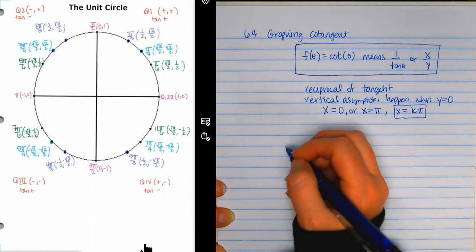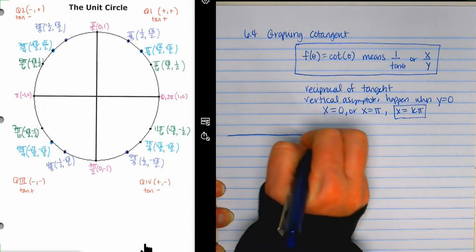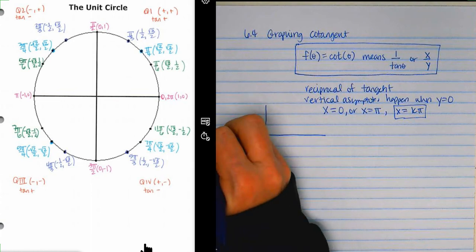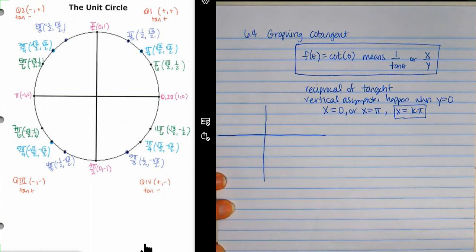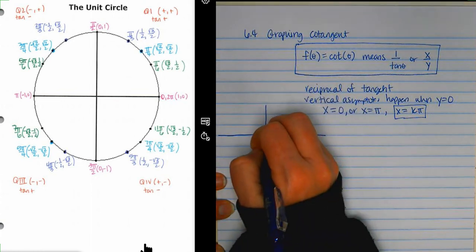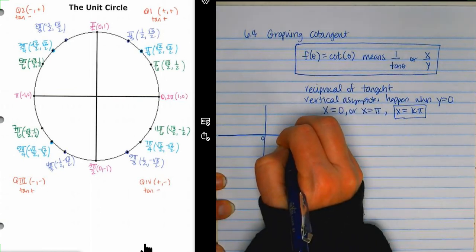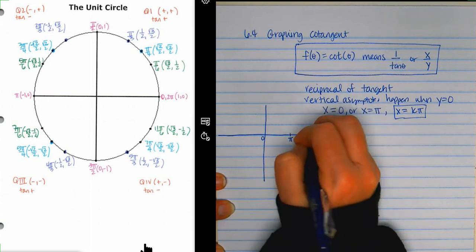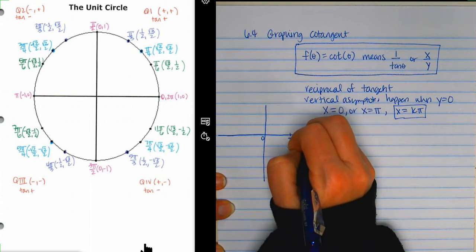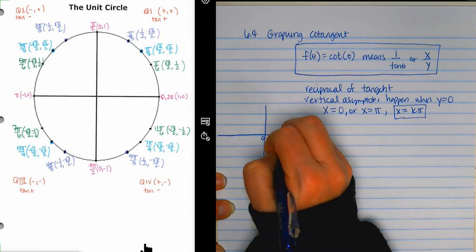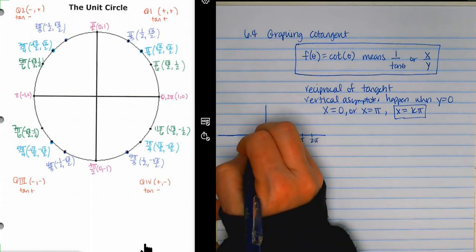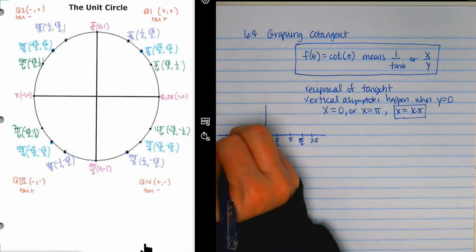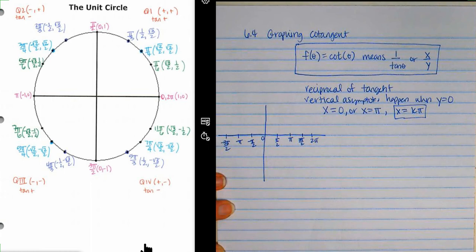a vertical asymptote. So it looks like this, because I'm just going to graph it quickly. That means that if I just put in 0, and then I'm going to go to pi and 2 pi. This is 3 pi over 2 and pi over 2. This is negative pi over 2, negative pi, negative 3 pi over 2.